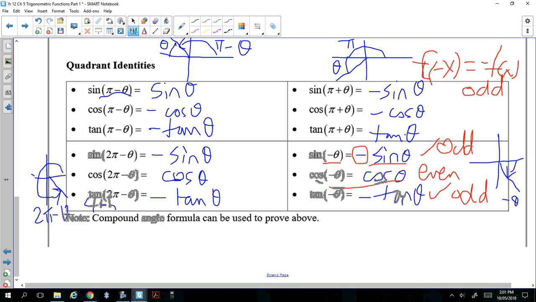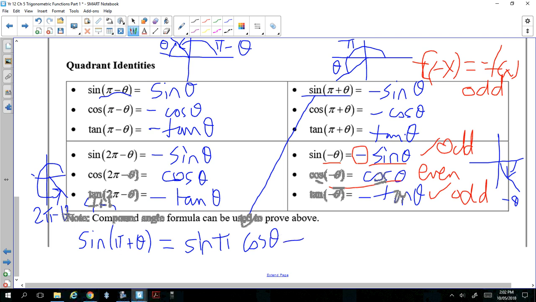Now, another way to see this, you can also use the compound angle formula. You can also prove it in a different way, which is longer. So we do sine of pi plus theta. You can use the compound angle formula, which you learn in extension 1, so it becomes sine pi cos theta plus cos pi sine theta.